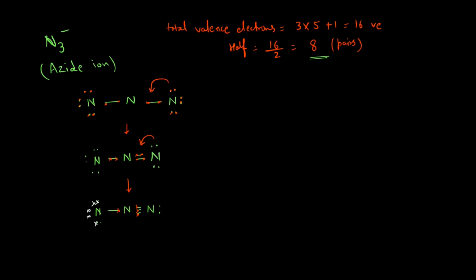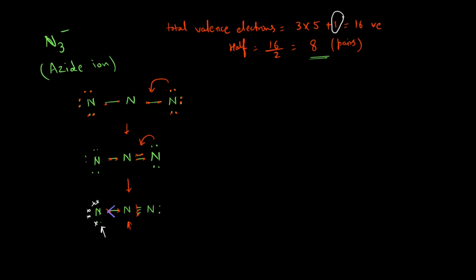So we have one extra electron, which comes because we added one extra electron in the azide ion. We also have one more bonding electron, which belongs to the central nitrogen, because nitrogen has 5 valence electrons. So we say we have a dative bond from the central to the peripheral atom.